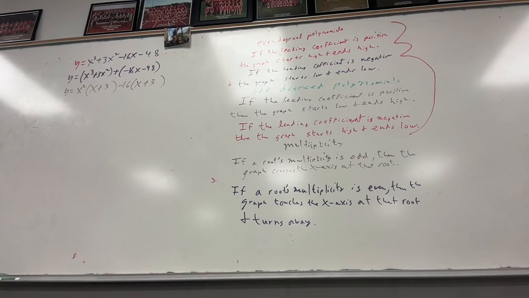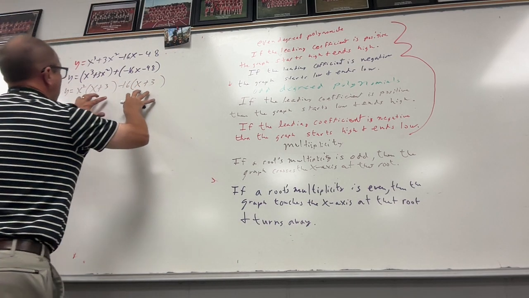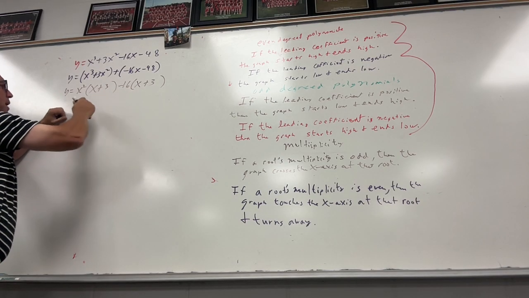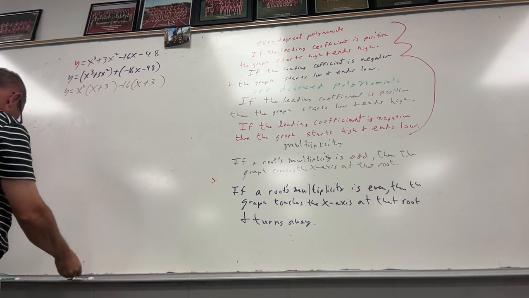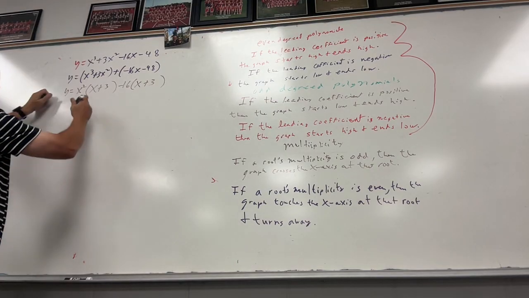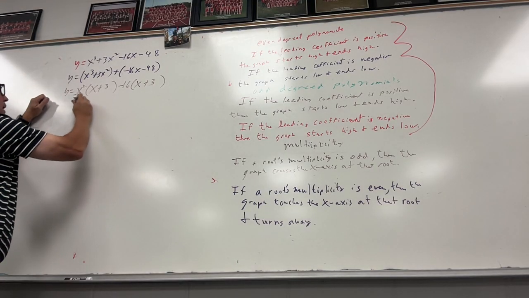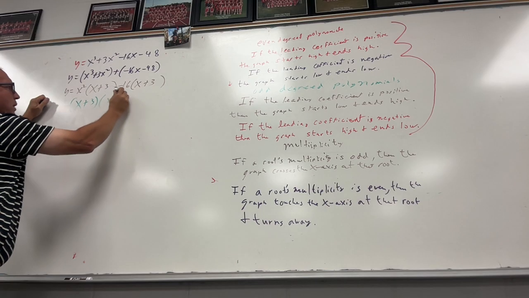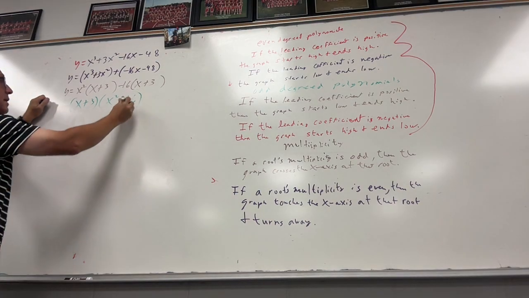Now, what's in common with both places right here? This is a binomial. I've got an x plus 3 in common with both places, right? So I can turn this into (x plus 3) times (x squared minus 16).